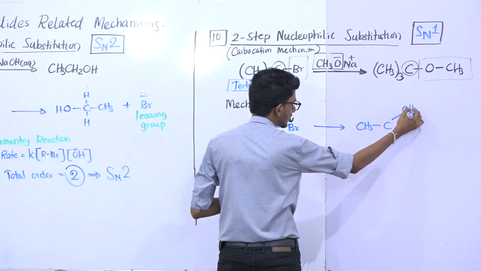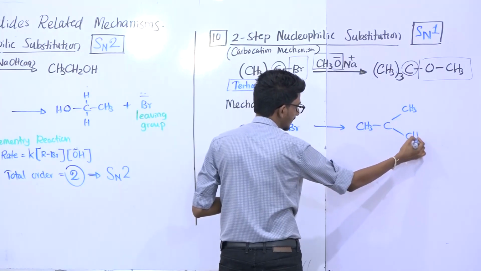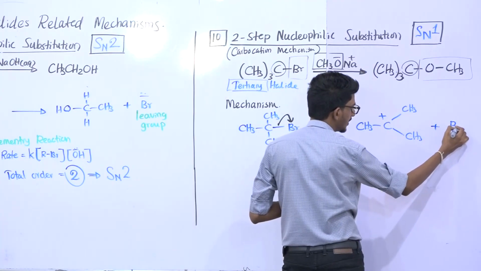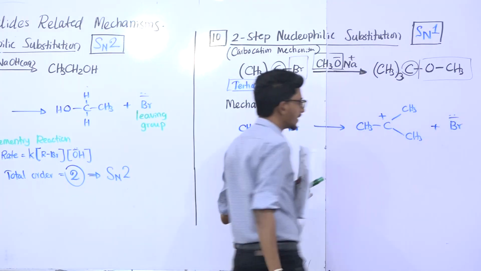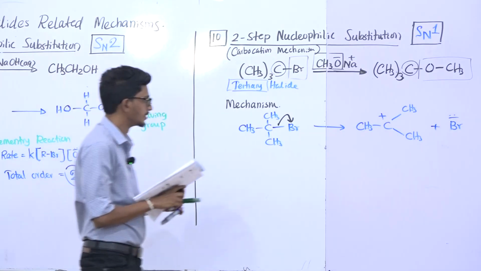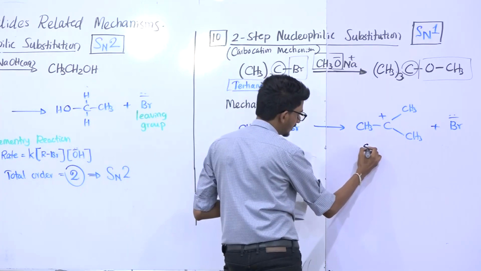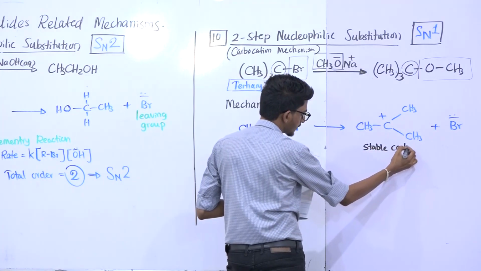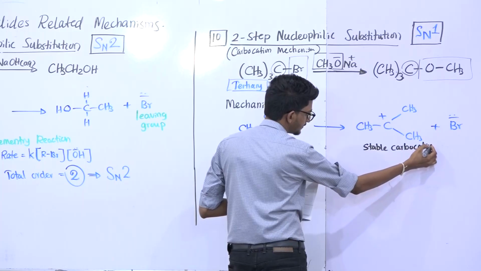And the same reason why the primary guys are unable to follow the two-step mechanism or the carbocation mechanism, as they are unable to form a stable carbocation. So with this one, a stable carbocation is formed. Carbocation or carbonium ion.